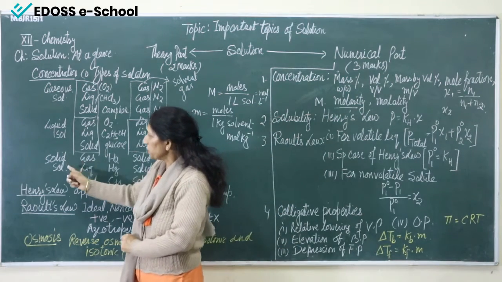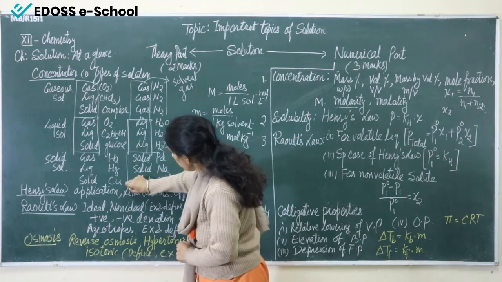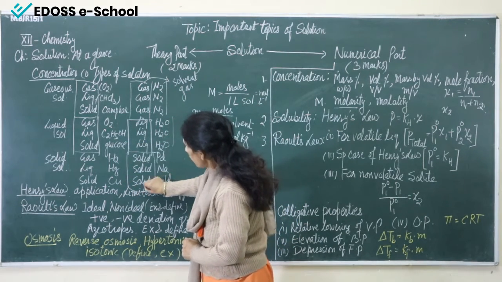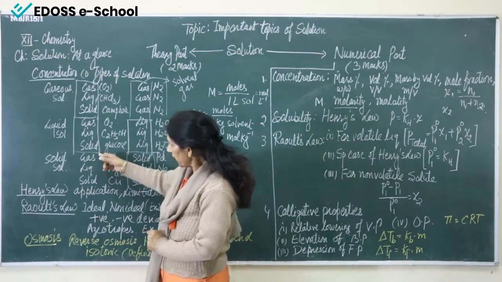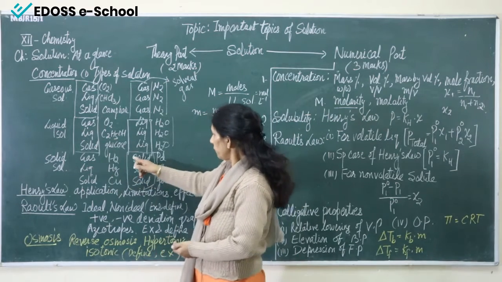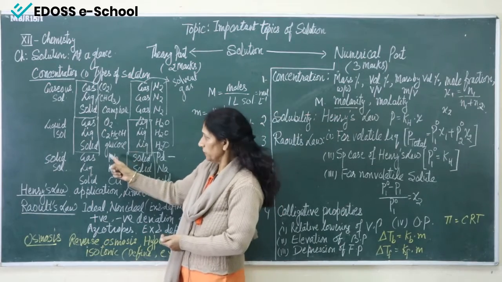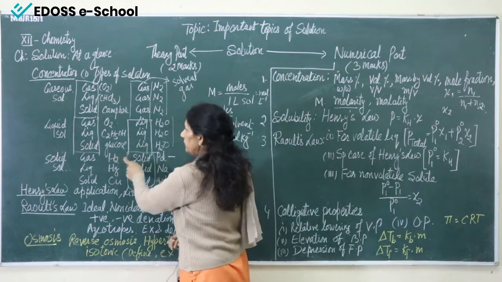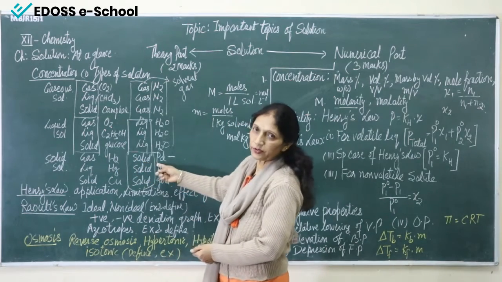Now if you want to prepare a solid solution, for that we will have to take the solvent as solid. The solvent must be in solid form, but the solute can be gas, liquid or solid. So if in palladium we are taking hydrogen, this is a solid solution of gas plus solid.